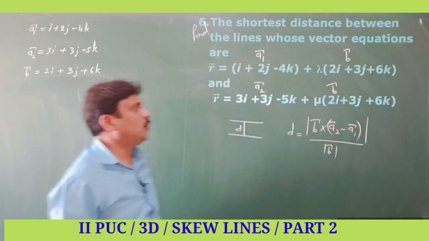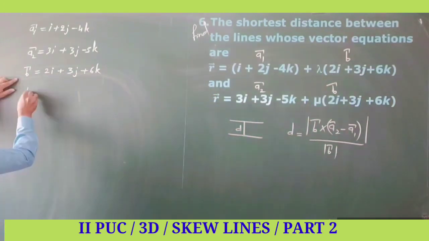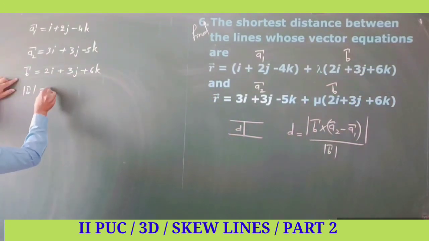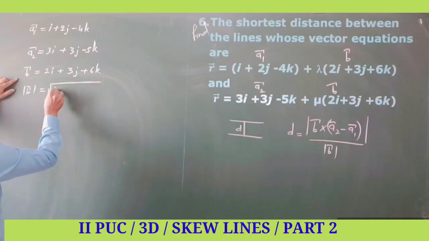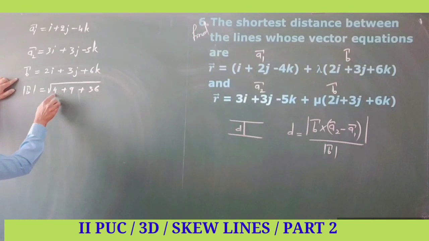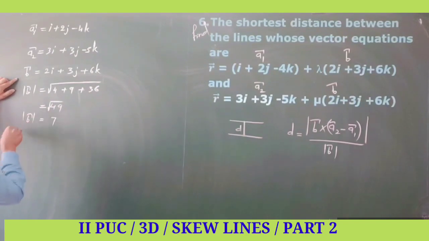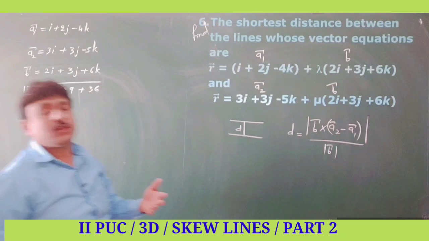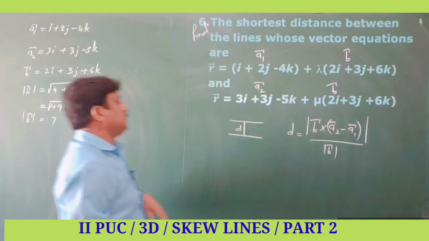Okay? Yes. Now, here A1 is i plus 2j minus 4k, A2 here is 3i plus 3j minus 5k and B both are same, therefore 2i plus 3j plus 6k. Calculate magnitude B. Magnitude B equals root of 2 square 4, 3 square 9, 6 square 36, 36 plus 4 is 40, 40 plus 9 is 49, root 49 means 7. That is magnitude B. Next we have to calculate A2 minus A1.